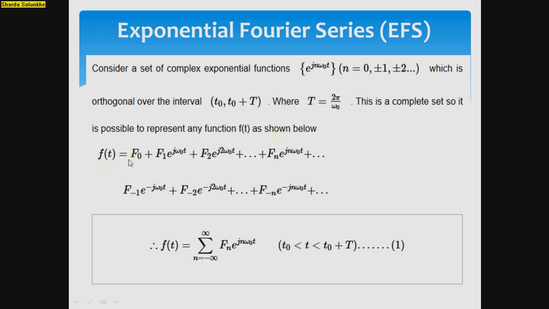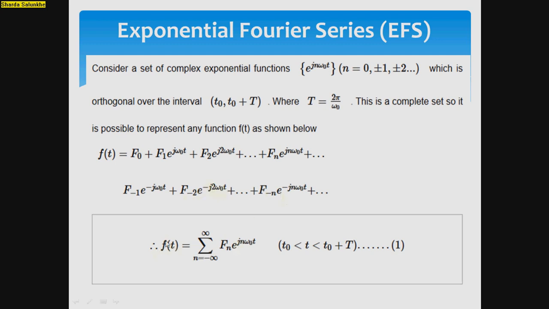So f of t is equal to the first Fourier series coefficient, plus f1, plus f2, plus f3 multiplied by the complex exponential function, and so on, plus the reverse terms: f1 e raised to minus j omega 0 t, plus f2 e raised to minus j 2 omega 0 t, up to fn.